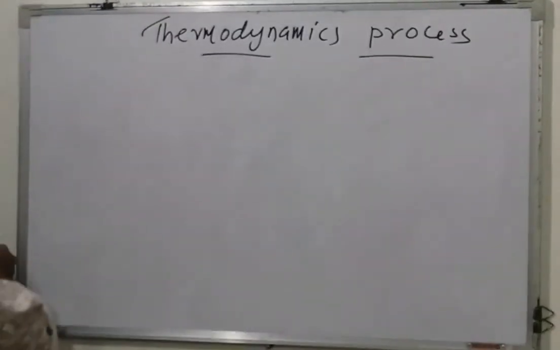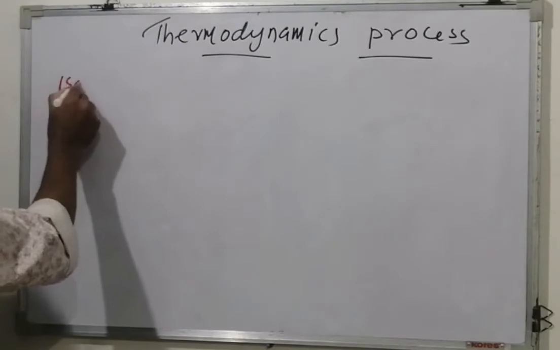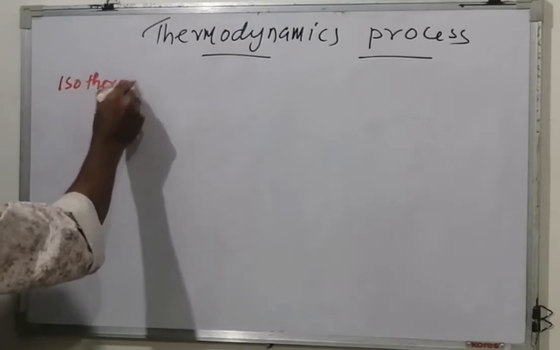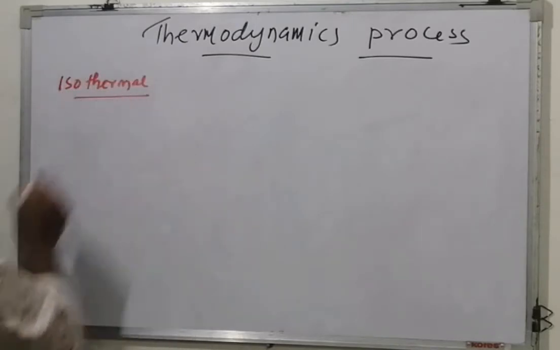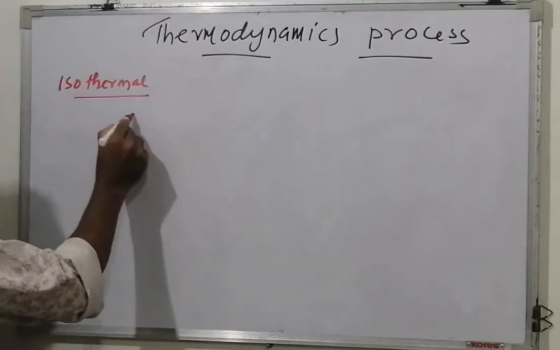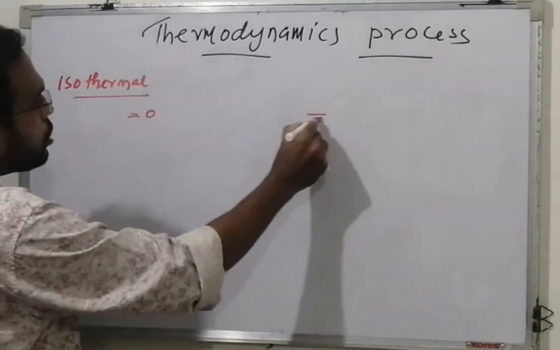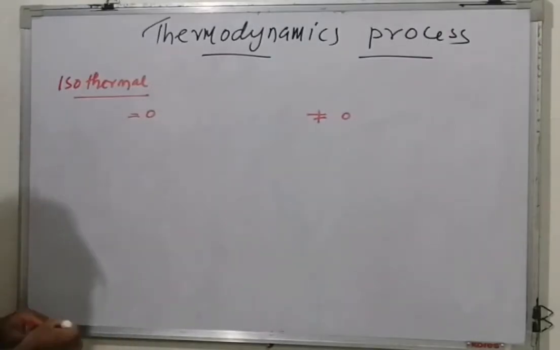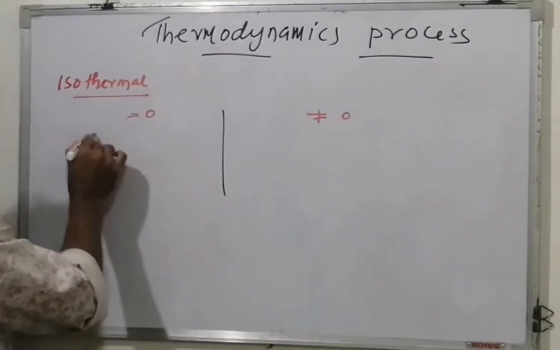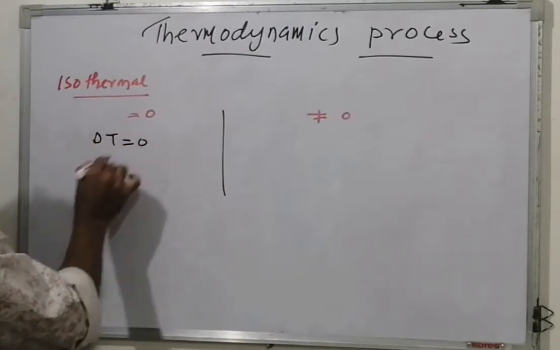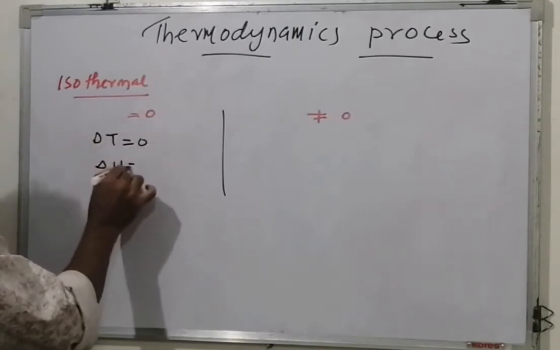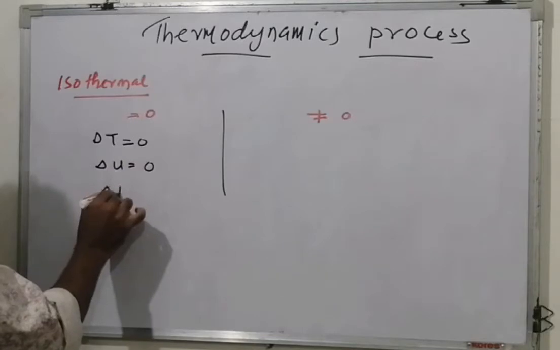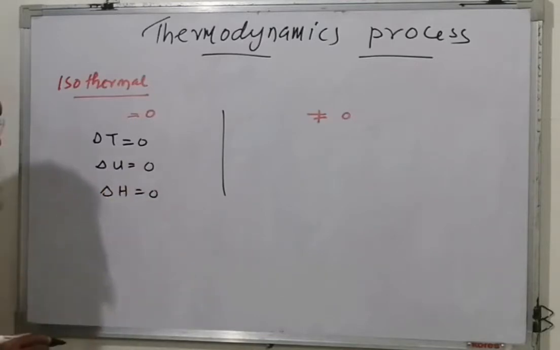The first is, as we are familiar, isothermal. What is isothermal? In the isothermal process, there are quantities which are equal to 0, and which are not equal to 0. Okay, delta T is equal to 0, delta U, internal energy, is equal to 0, delta H is equal to 0.